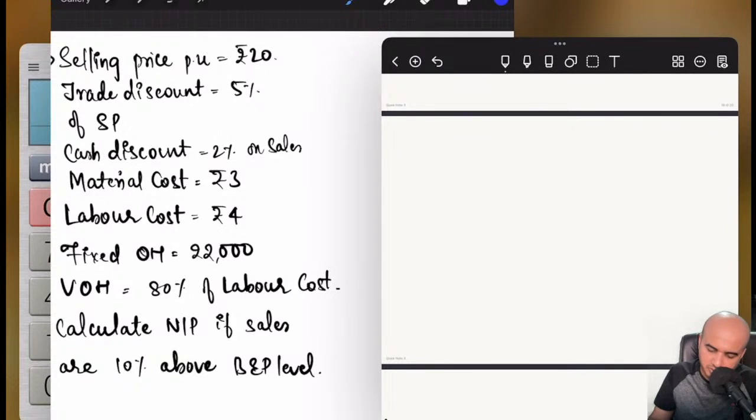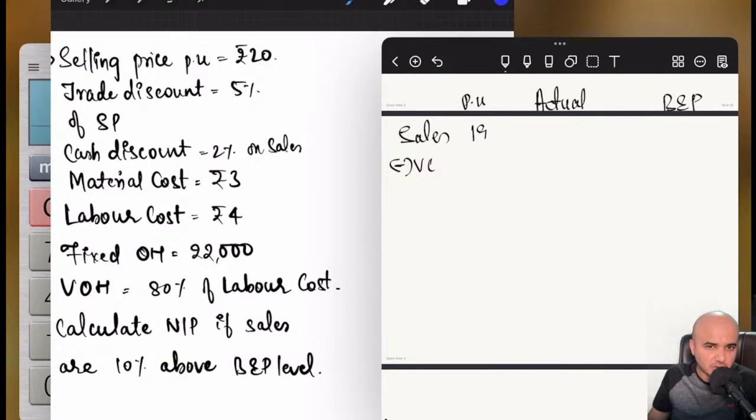I don't want all this. Straight away I'll start from sales. Sales, this would be actual, then this will be BEP. Now sales, we do not know how much it is, so we'll have to identify that. But selling price we know is 19. This will be per unit minus variable cost. How to calculate variable cost?